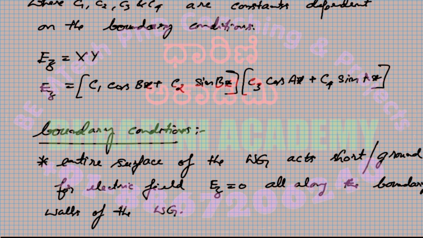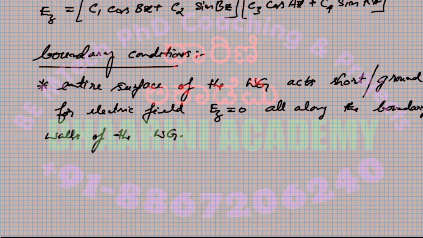So how many such surfaces do I have? I have 4 surfaces. That means I will get 4 boundary conditions. What are the 4 boundary conditions? I'll come to that. First, let me introduce you to the concept of boundary conditions. What is a boundary condition?